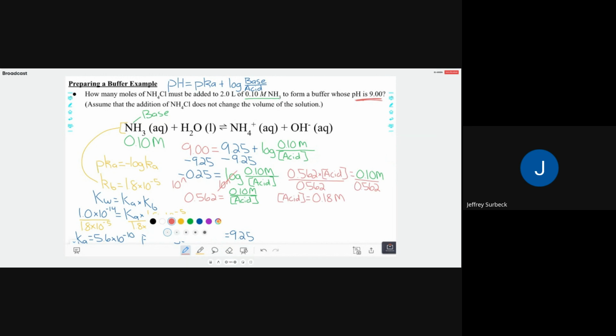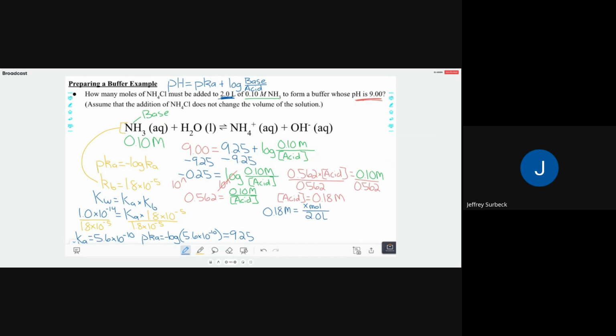Now, we have to think about this, and I kind of skipped right over it when I started, but we have 2 liters of a solution, and we want to find how many moles of NH4Cl we need. So we have to do one more extension off of our concentration of the acid. We take this 0.18 molar, and we set it equal to some number of moles, and technically that number of moles is going to be NH4Cl because of the common ion effect, all divided by the total solution, which is 2 liters.